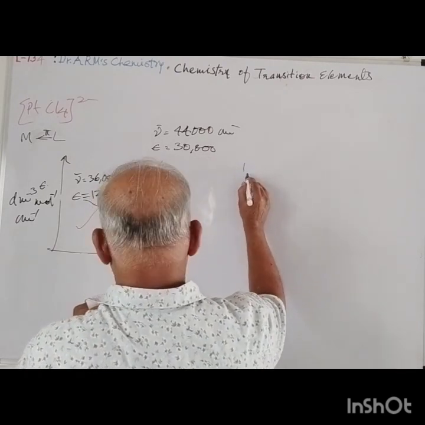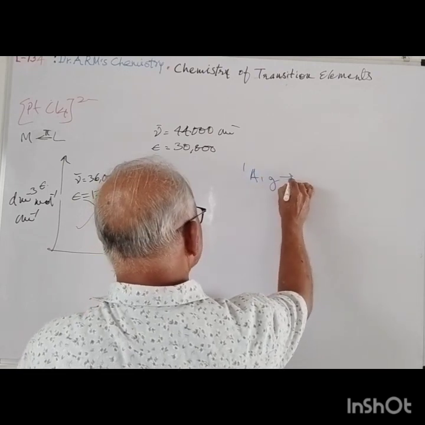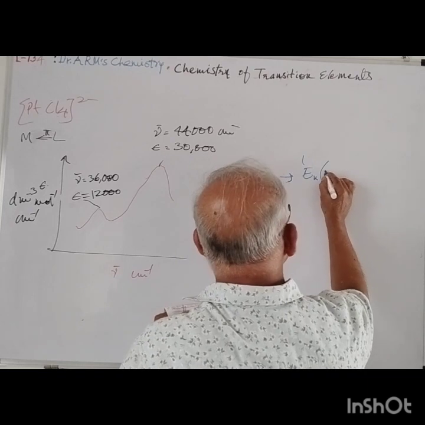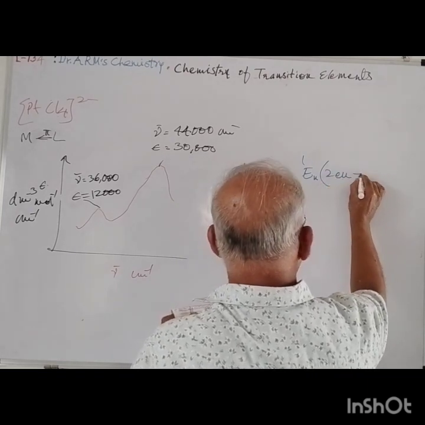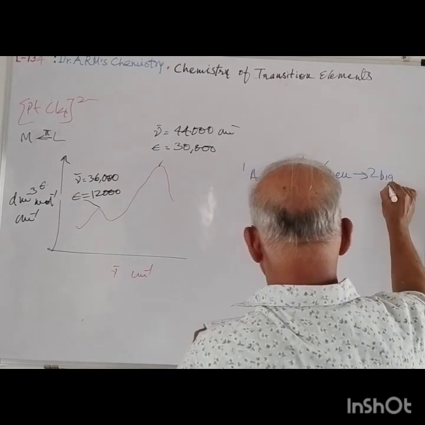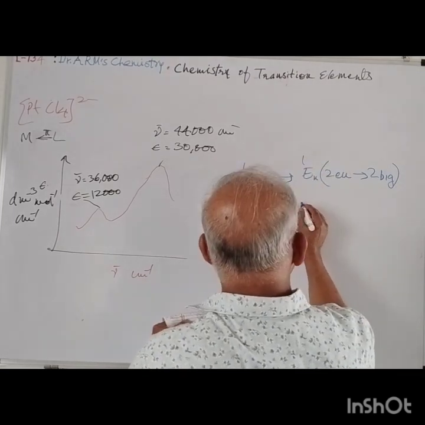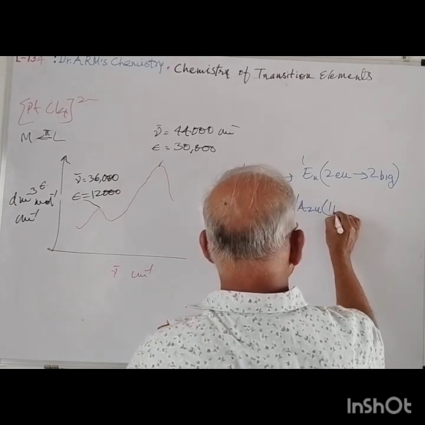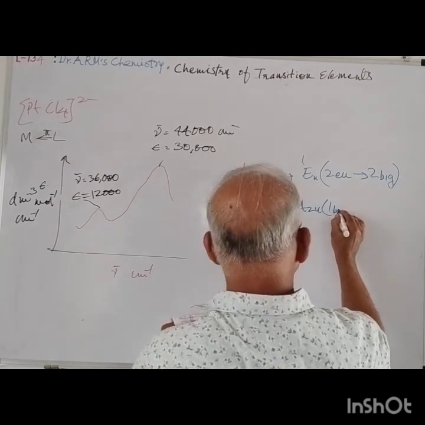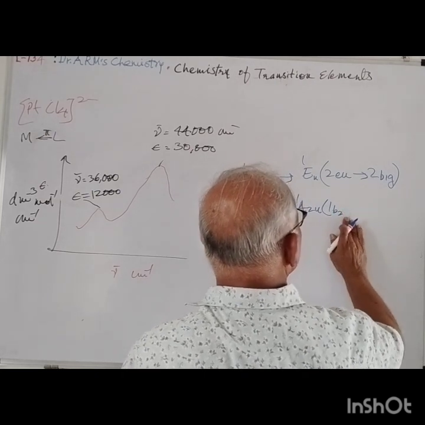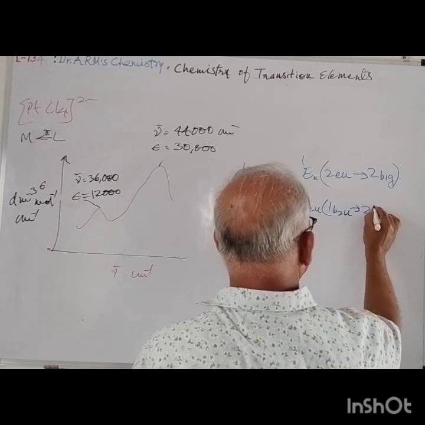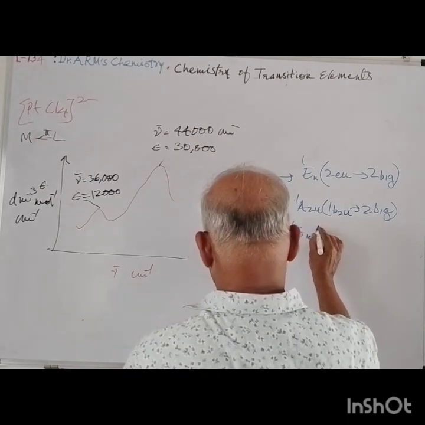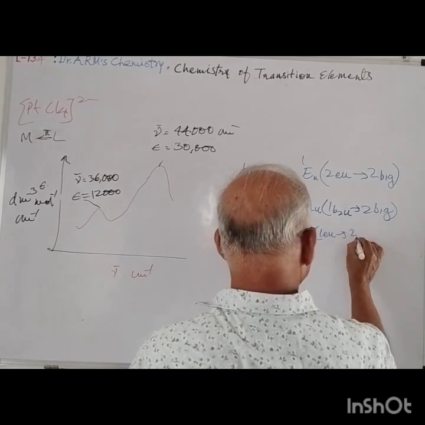With respect to symmetry, 1A1G to 1EU, EU2 to B1G, and another is 1A2U, that is from 1BU, B2U, B2U to 2B1G, and 1EU, that is 1EU to 2B1G.